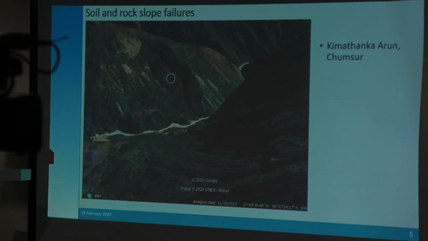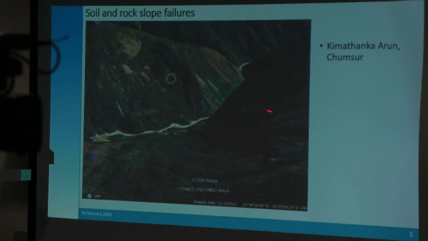I will start with some natural slope failures. This is the Arun River in eastern Nepal, near the Chinese border. Here you can see the biggest curve, and the river is flowing in that direction. This is the right bank, and this is the left bank.